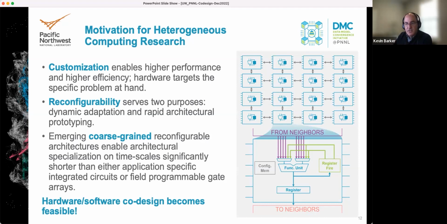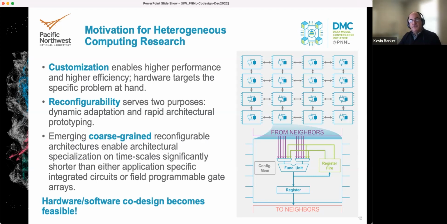And with new capabilities coming out of industry, I think this integration is actually becoming easier. We're seeing small scale manufacturing of chiplet designs that can be integrated on a package. And so some of these concepts that we're implementing with CGRAs or FPGAs, in the future, we may be able to actually implement in silicon in a tightly integrated way, perhaps at the package level. And so I think that's exciting.